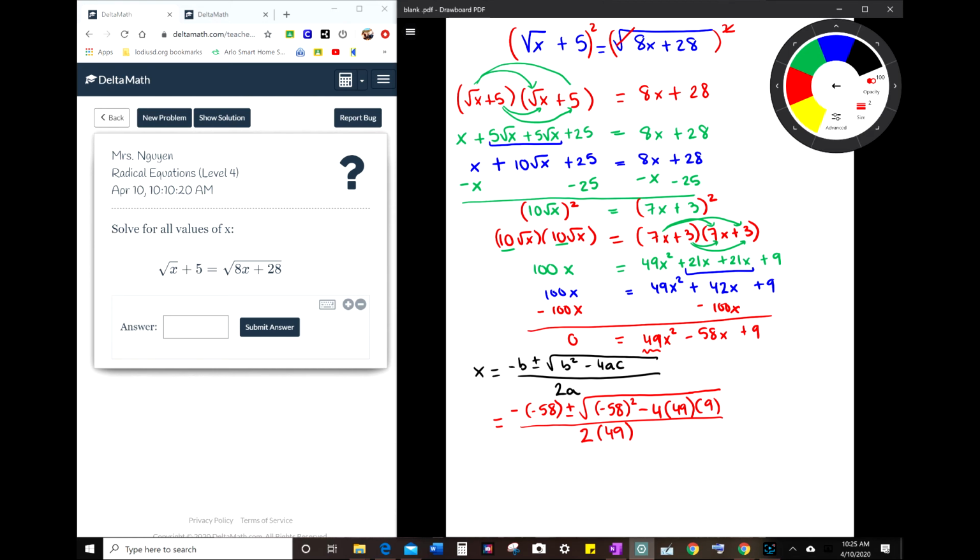Okay, so now let's work on it. We have 58 plus or minus, and you plug everything in right here, you should get the square root of 3,364 minus 1,764, everything over 98.